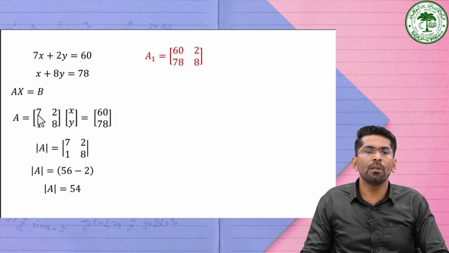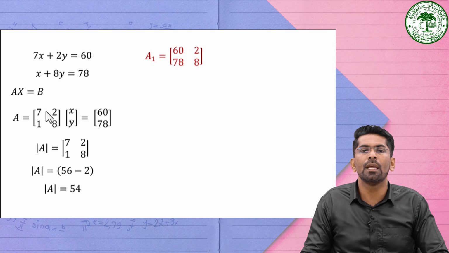Instead of 7 and 1, I write 60 and 78. So the first column becomes 60 and 78 and the second column remains 2 and 8. We term this matrix A1. This is a special matrix formed by replacing the first column of the original matrix with the constant matrix.